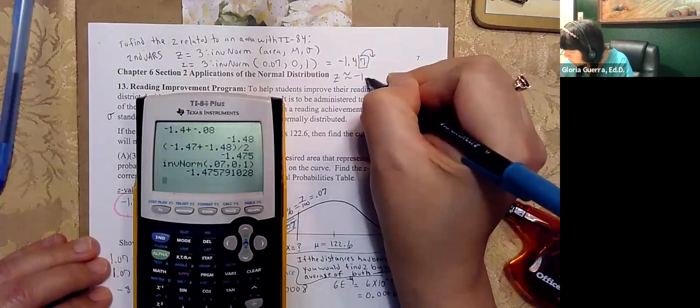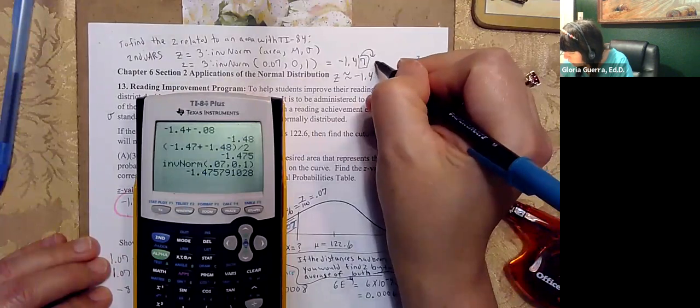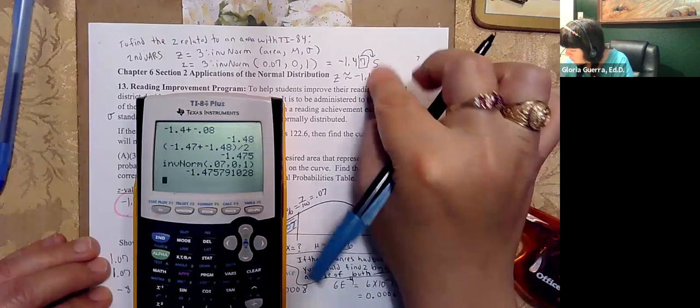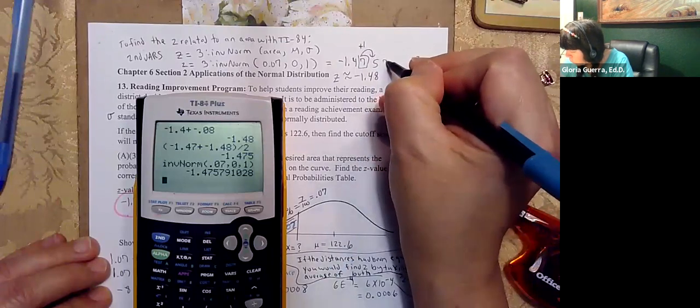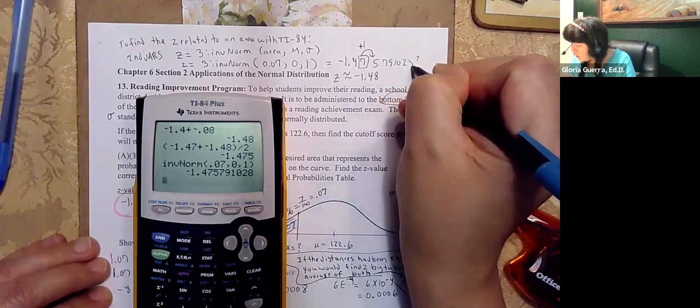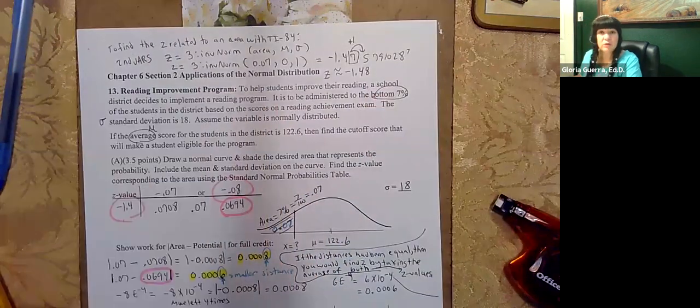Negative 1.4, and is that number 5 or more? Yep, it's a 5, so negative 1.48. And that's what we got using the table.